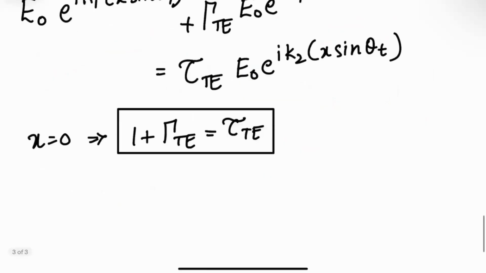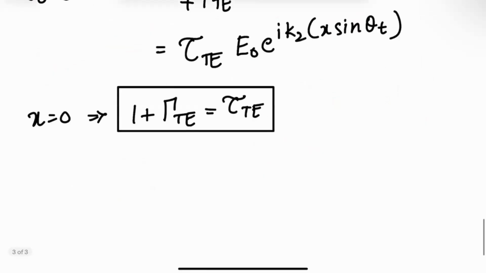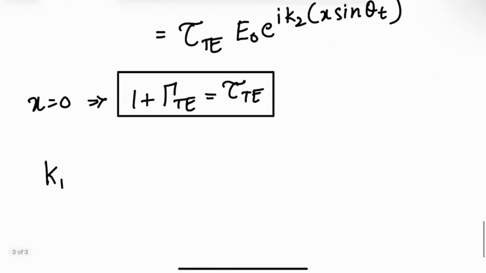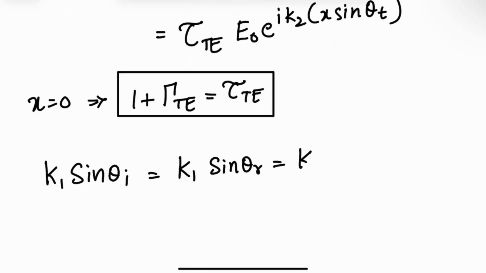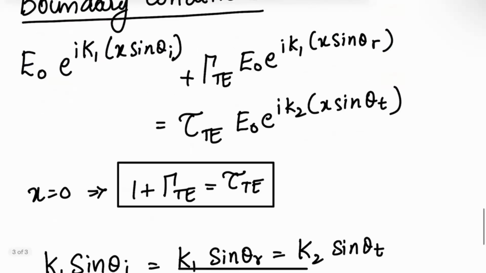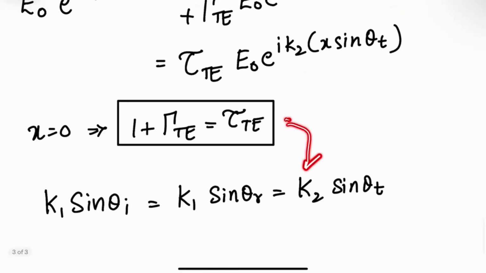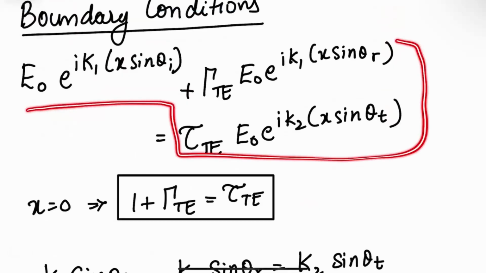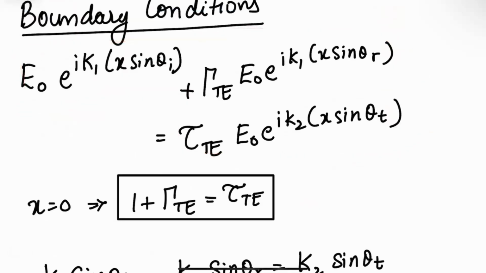Essentially, we end up with k1 sine theta i is equal to k1 sine theta r is equal to k2 sine theta t. Only under this condition does this condition and this condition together basically guarantee that this equation is always satisfied for all values of x.